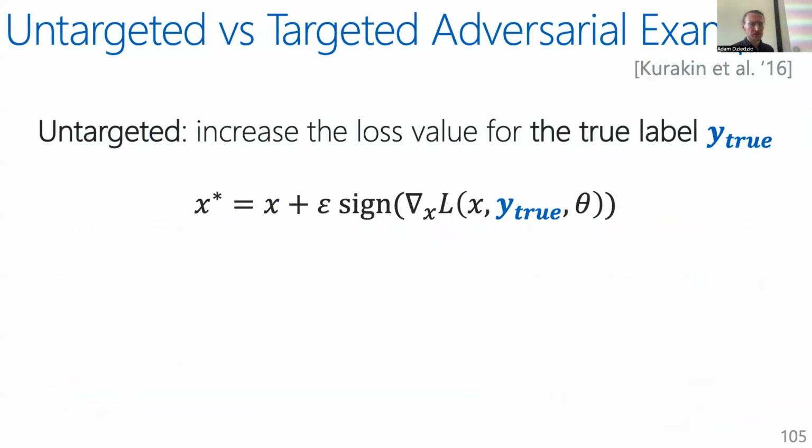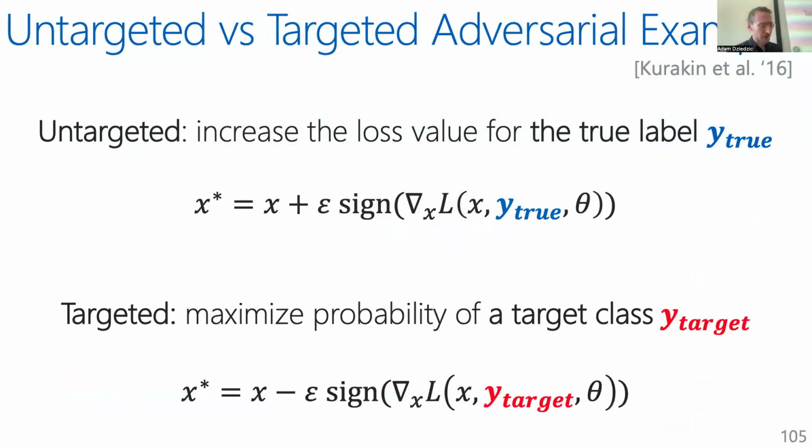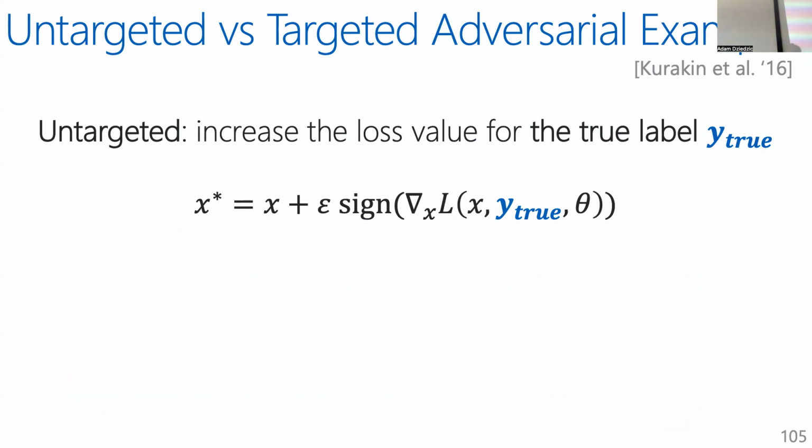Maybe it's also worth mentioning, I have two cases, so maybe I can start from that. If we have an untargeted case, what we are doing is maximizing the loss on the true class. So y sub true is the true class for the given sample.